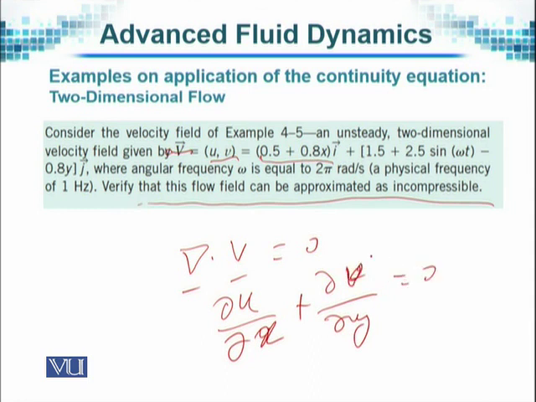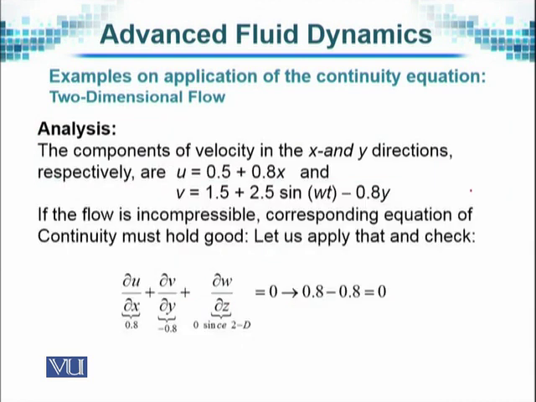That is all we need to see. We take the u component, put in its value, and take the v component and substitute it. If the equation is identically satisfied, we have got it that it is approximated. If it does not satisfy, we have a problem.